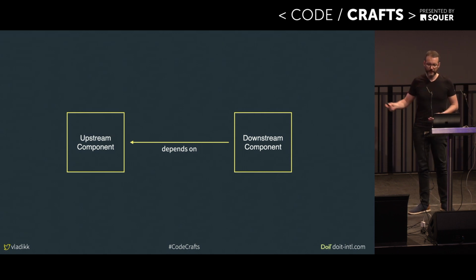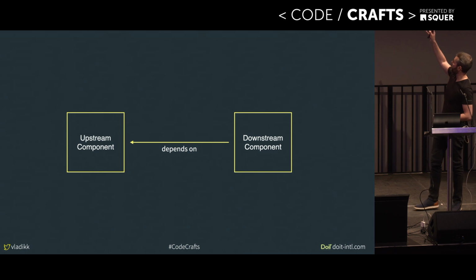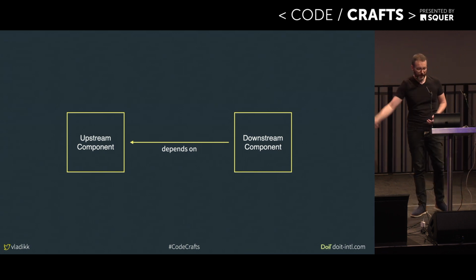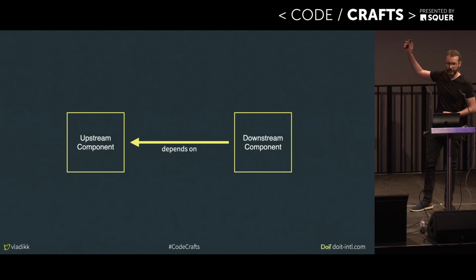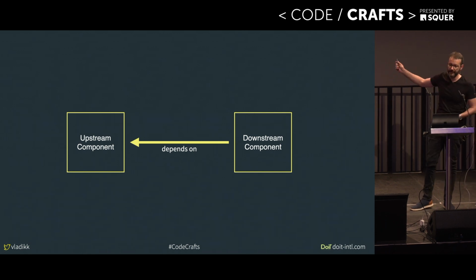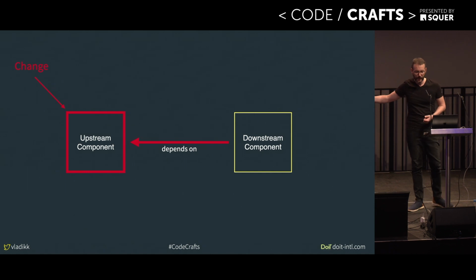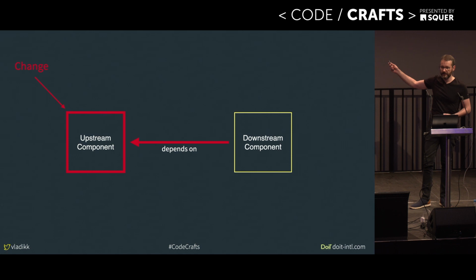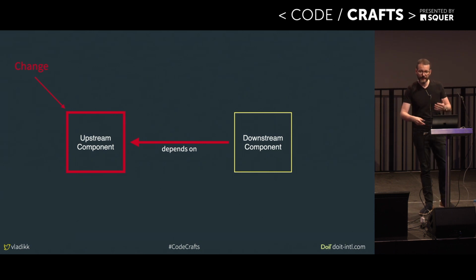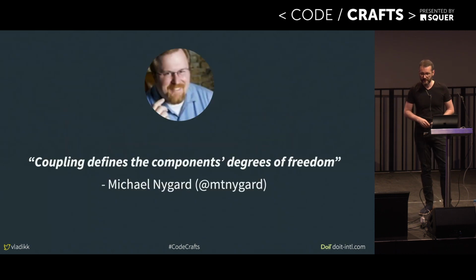So let's say we have these two components. We have a downstream component that references and thus depends on the upstream component. The line between them defines how a change in the upstream component will affect its consumers, its downstream components. The more information is shared by the upstream component, the more likely that changing any of its implementation details is going to produce cascading changes in other parts of the system.